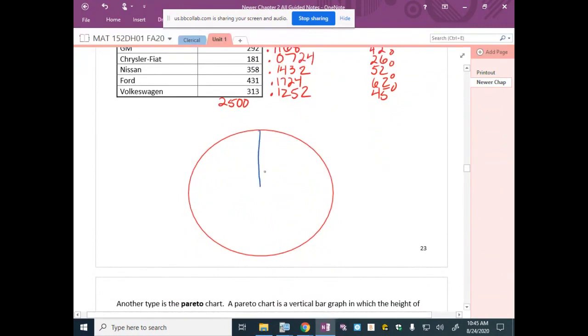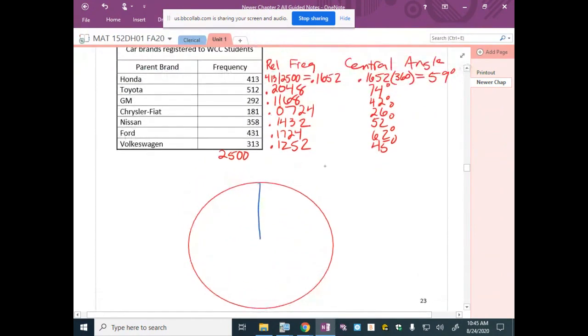So we'll start here. And let's see, 59, 60 degrees, probably something like this. Honda, so 74 degrees from there. And this is probably going to be pretty ugly. You know what, close enough.